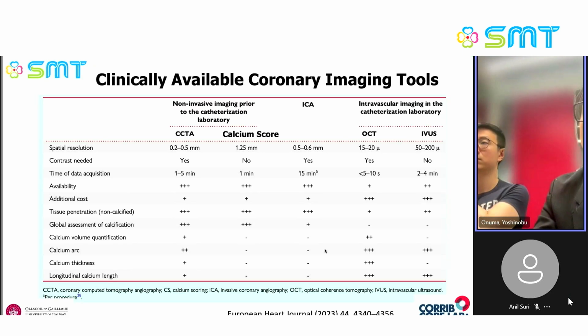If you look at the imaging modalities, of course, OCT and IVUS have very high resolution, 15 micron and 100 micron respectively.